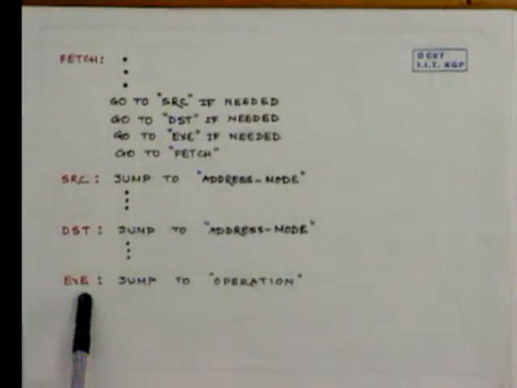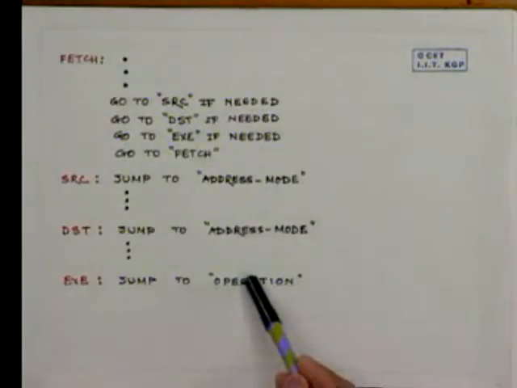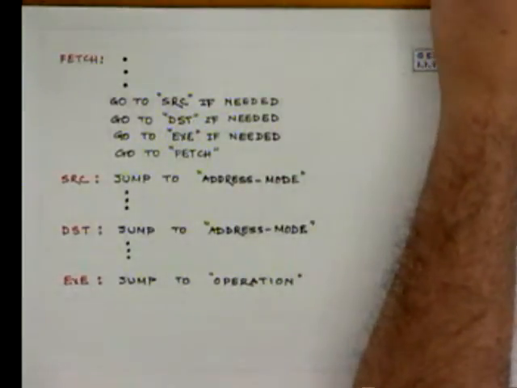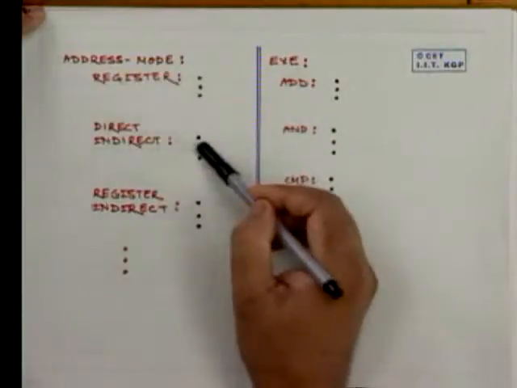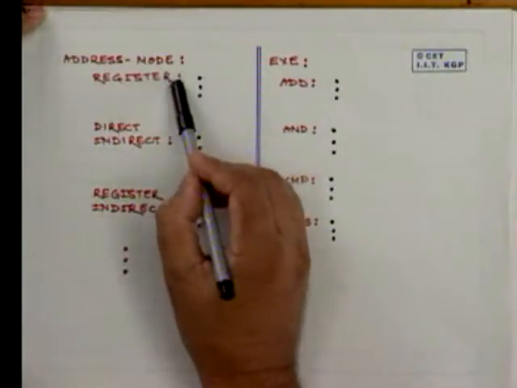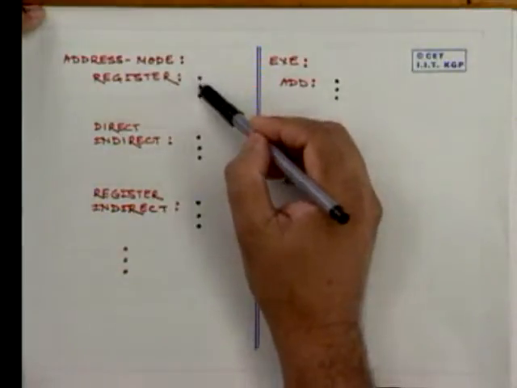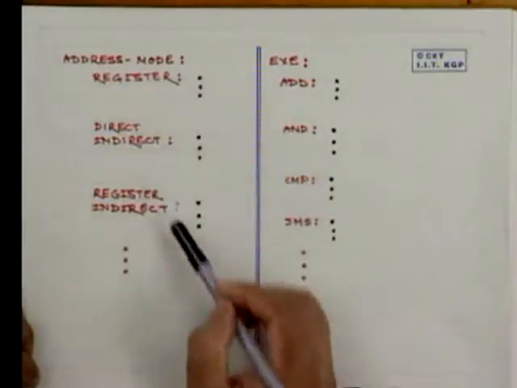Similarly, execute will tell jump to the operation point of that microcode where the different opcodes will be executed. That means add, subtract, multiply, divide, logical, etc. Right? For example, the microprogram can be like this: addressing modes can be register addressing mode, direct, indirect addressing mode. If all addressing modes will be there, control will be transferred to the corresponding sub-microprogram to fetch the operands. Okay, it may come either from the source cycle or from the destination cycle.